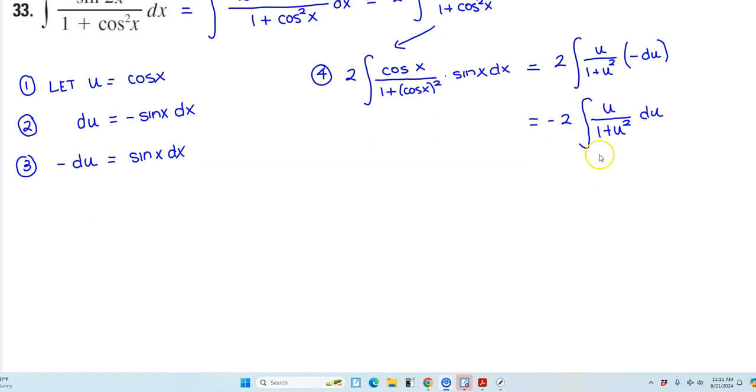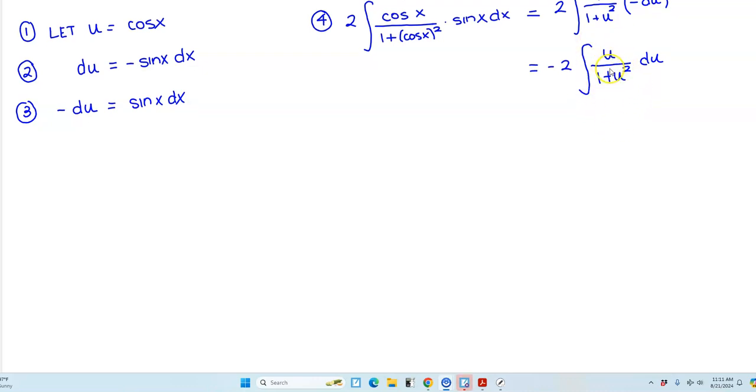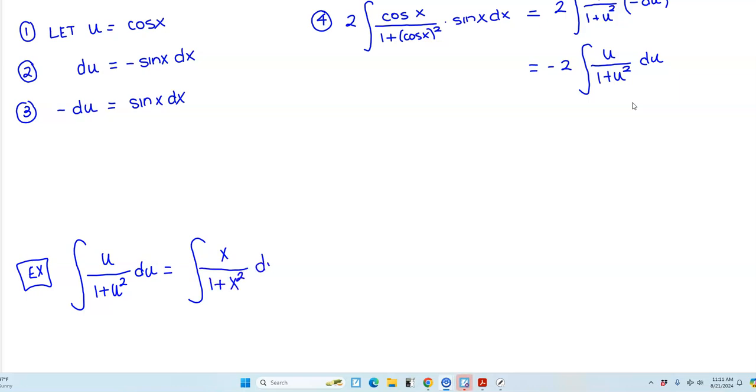Now I'm going to pause for this part, because sometimes if you've already solved a particular integral, you can use what you've already solved. So I'm going to show you what I mean. I'm going to take this integral down here and call this the example: u over 1 plus u squared. We solved this already when it was in the form x over 1 plus x squared dx.